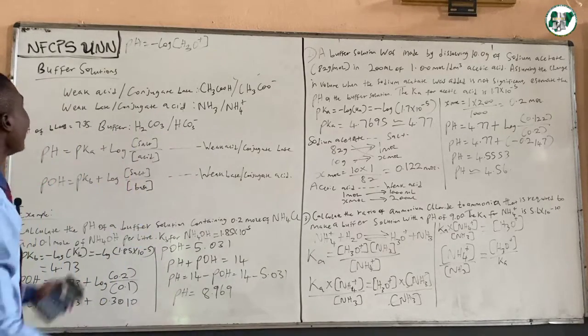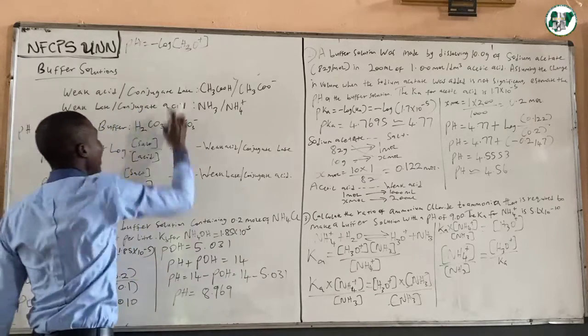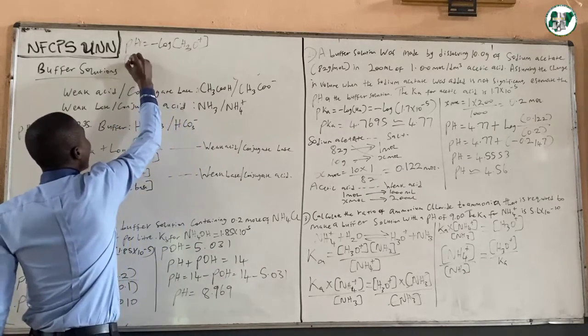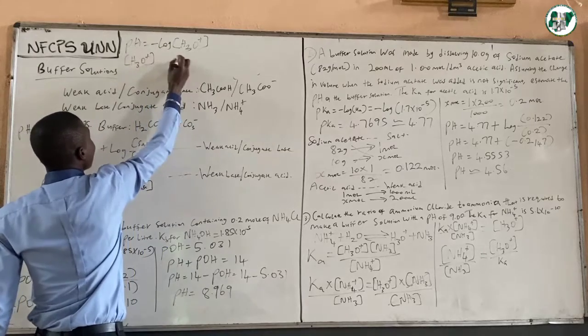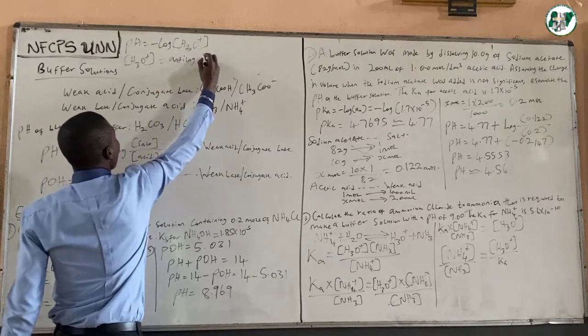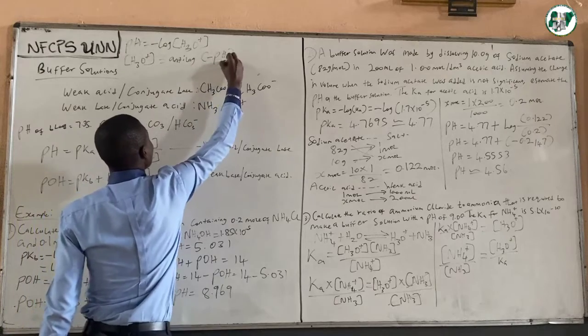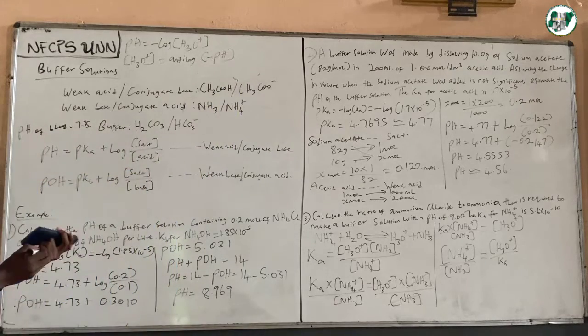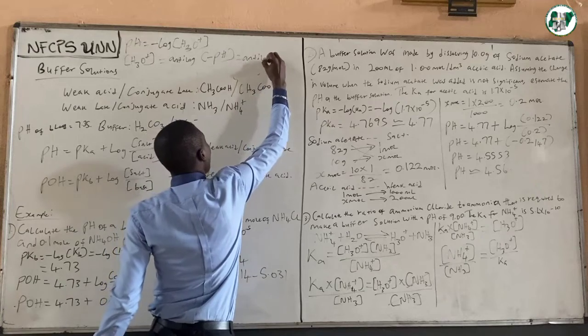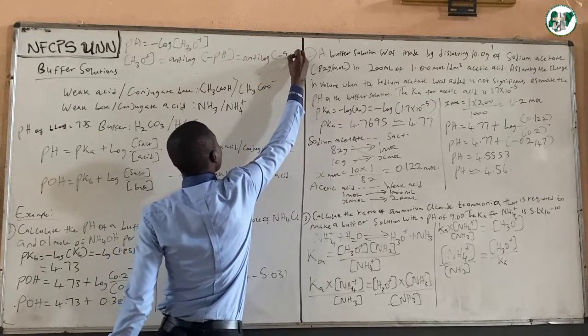So let us solve. Now that we know the pH, we can actually get this. How do we get that? We simply make it the subject of the formula. So H3O+ is now equal to the antilog of negative pH. So that's going to be the antilog of minus 9.00.